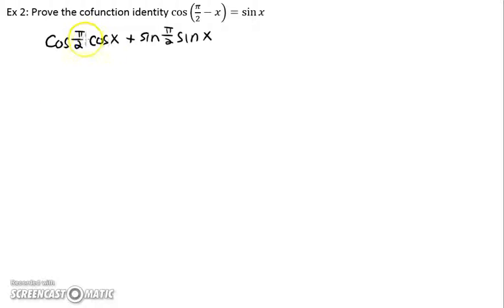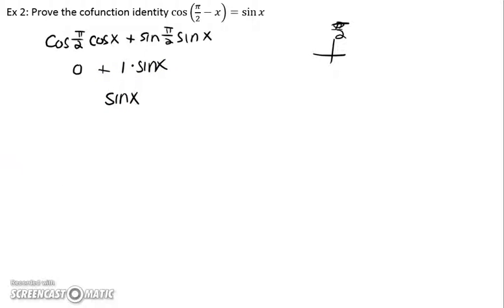Now, cosine of pi over 2, if we think about the unit circle, pi over 2 is up here. Cosine of that is going to be 0. 0 times cosine of x is just 0. Plus sine of pi over 2, that's going to be 1 times sine of x. So our answer there is just going to be sine of x.